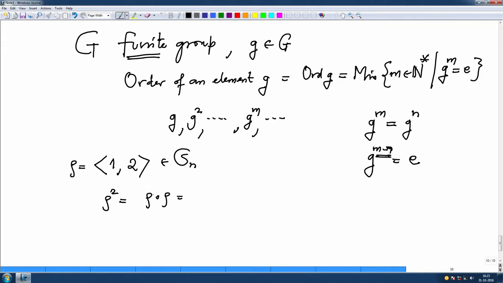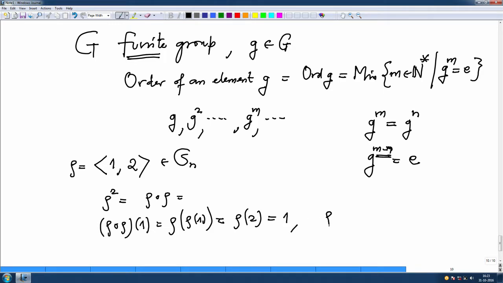I have to know its value on 1 and 2, because the remaining elements are fixed under rho. And at 1, where does it go? Rho composed with rho at 1 is by definition rho of rho 1, but rho 1 is 2. So it is rho of 2, which is 1.